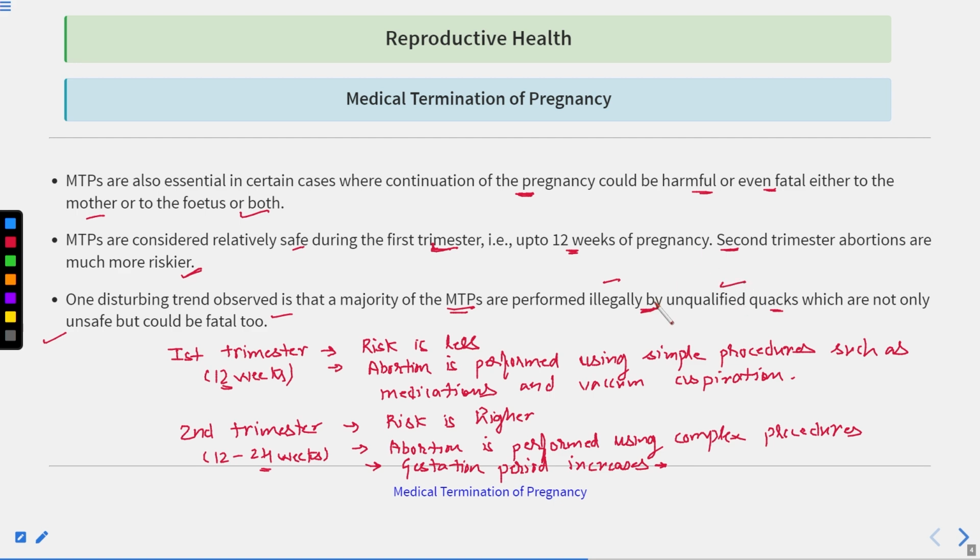Usually these abortions are performed under the guidance of qualified professionals such as gynecologists. But here, illegal abortions are performed by unqualified people, and this can obviously be fatal to the mother because it is quite unsafe. It can cause excessive bleeding also because these people are not trained for safe abortion.